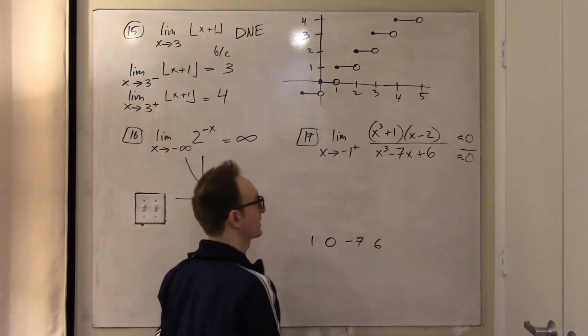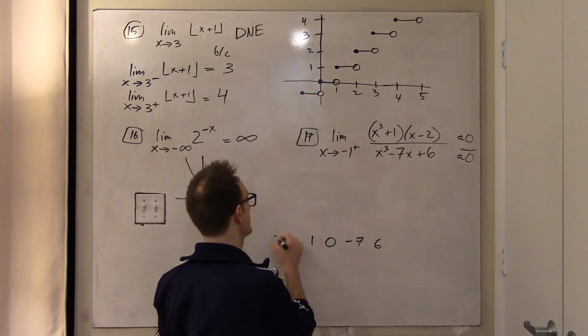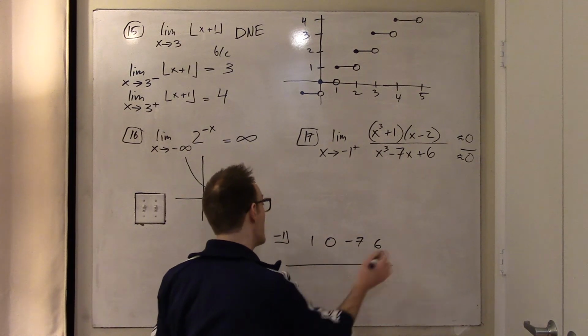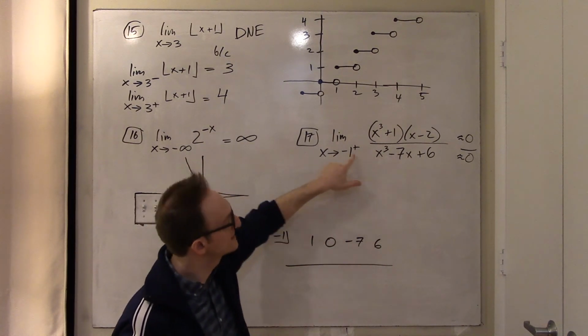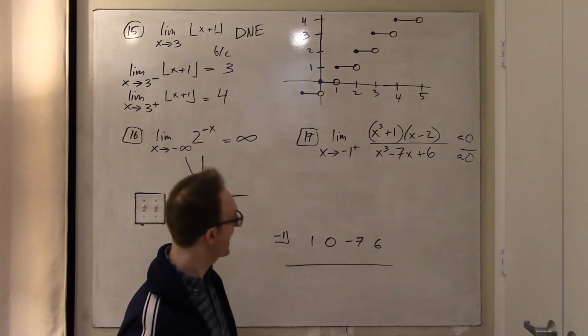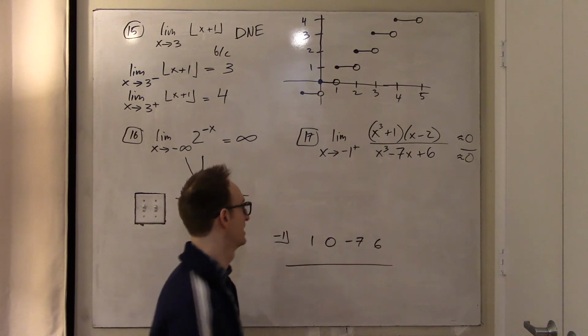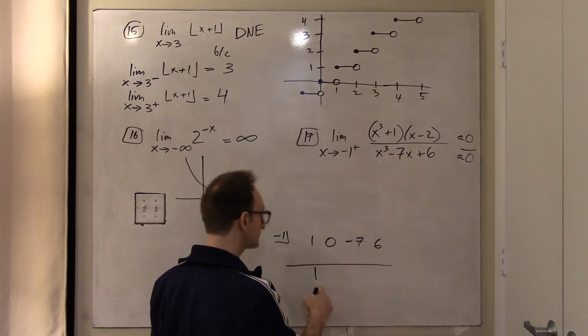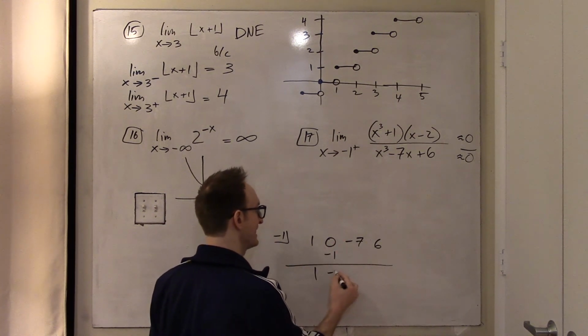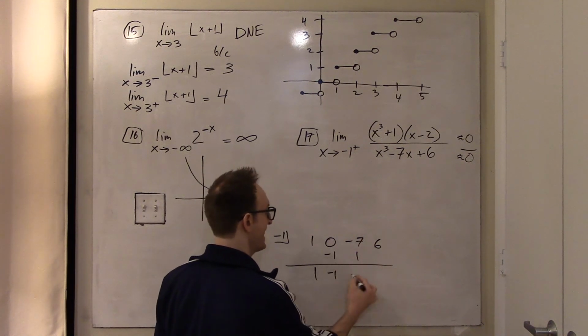I guess you could do polynomial long division, but one way or another you need to recognize that since -1 is a root, x plus 1 is a factor. And so, I expect this to go in evenly, so I get 1, -1, add is -1, multiply is 1, add is -6.